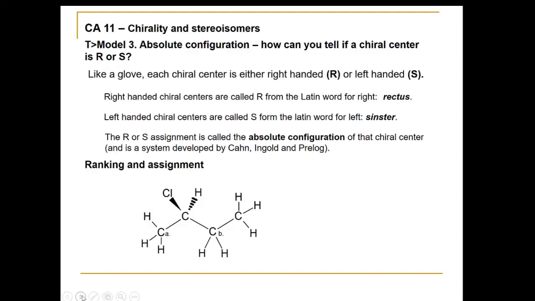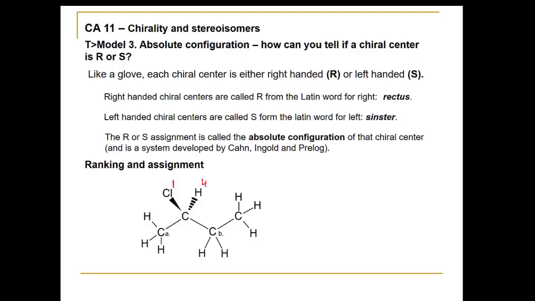Fortunately, the method in prioritization is the same. It's simply looking at the atom that has the highest atomic number. And so in our case here, we can easily see that the hydrogen would have the lowest priority, and the chlorine would have the highest priority. Again, you can simply look on a periodic table to see which atom has the highest atomic number.